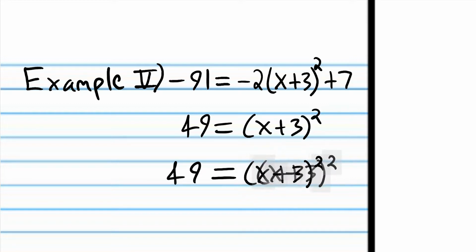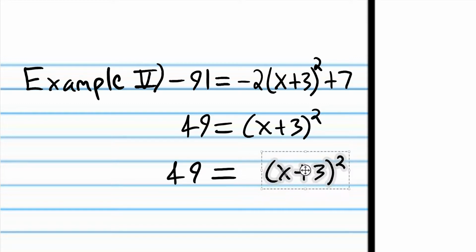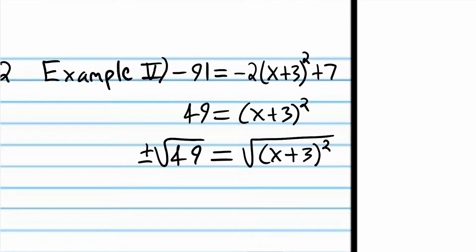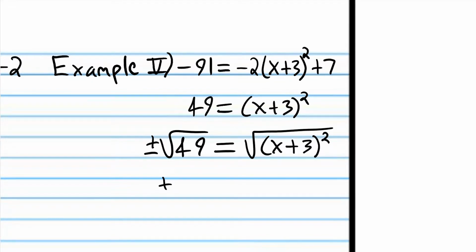And we need to get to that x, but we can't get to the x unless we get rid of that power, the second power. So we're going to have to do the opposite of squaring, which is square rooting. And the square root of 49 is 7, and we get x plus 3.